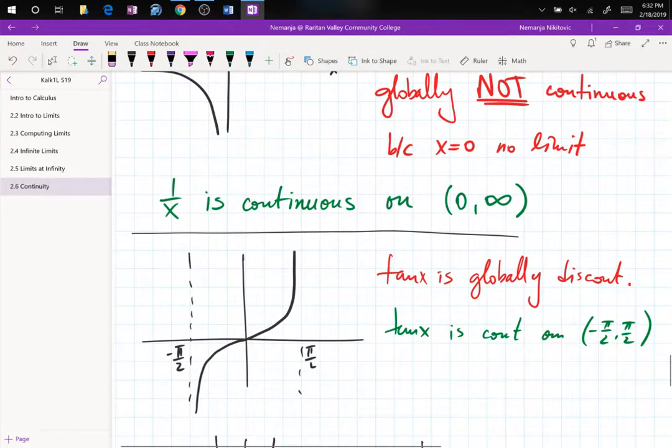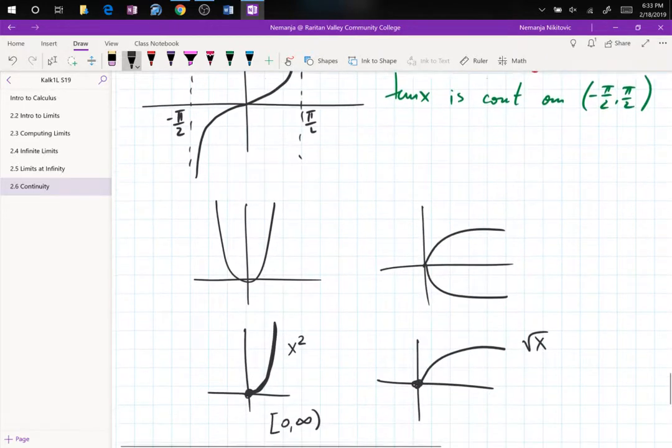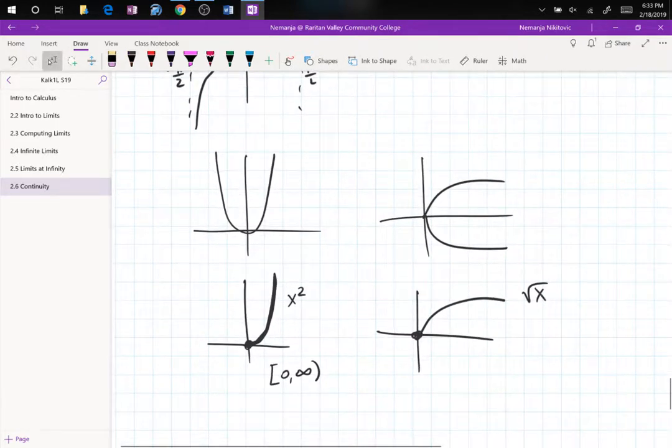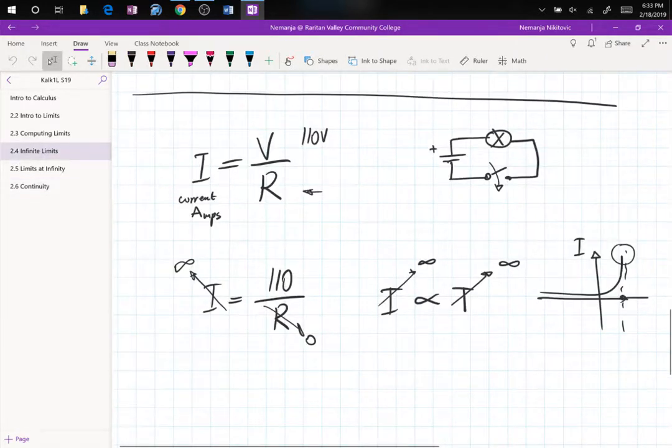When you have asymptotes, you can't include either, because an asymptote is the point where everything breaks. We did talk about infinite limits, right? We talked about how if you short circuit your outlet, you get the mini explosion, because the denominator is trying to be 0, and when you divide 110 volts by 0, it shoots to infinity.